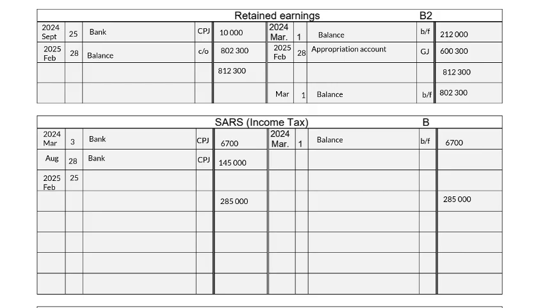And we will also write bank. It also goes to the cash payments journal. And the amount is 140,000 Rand.